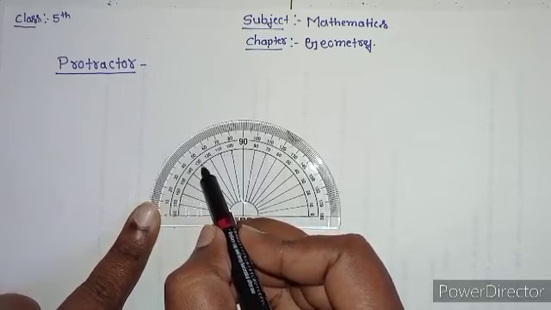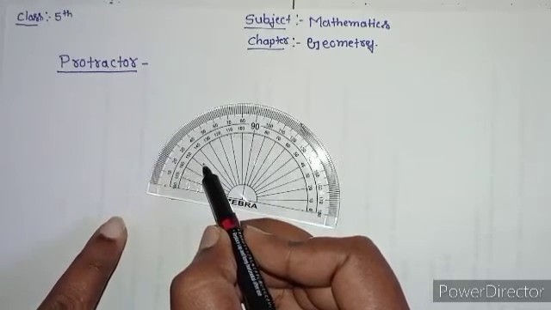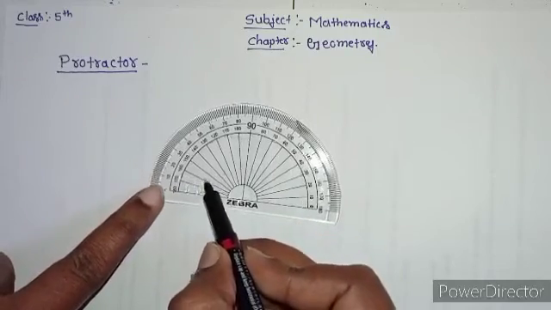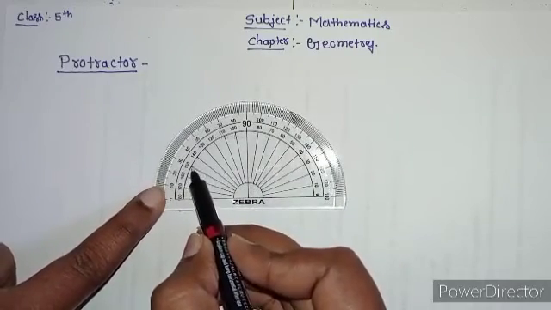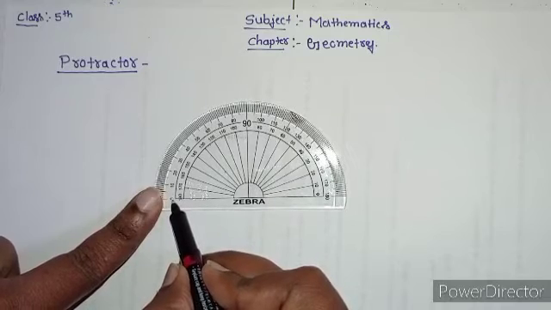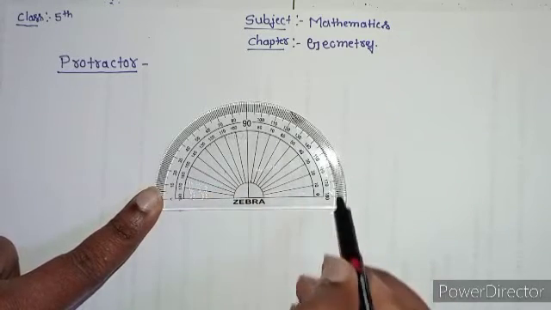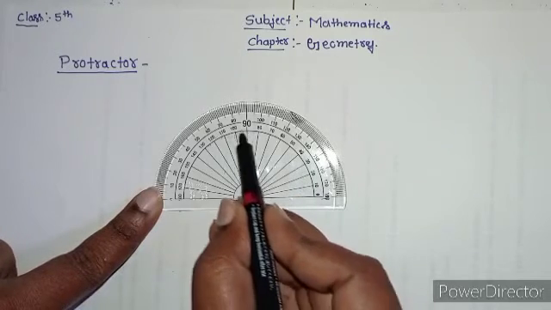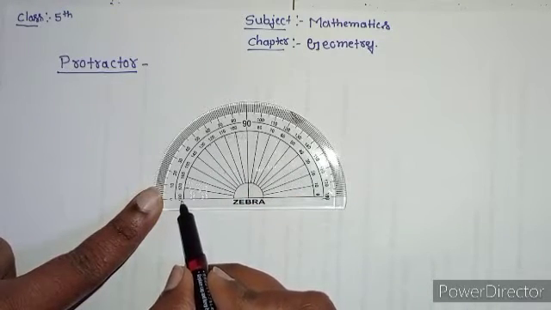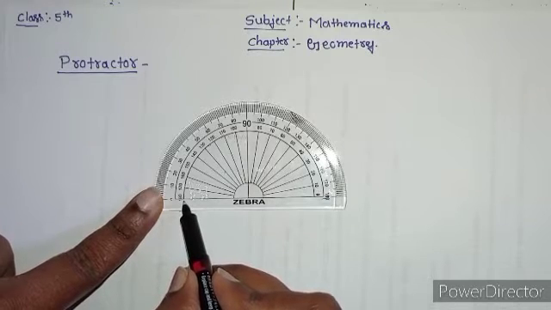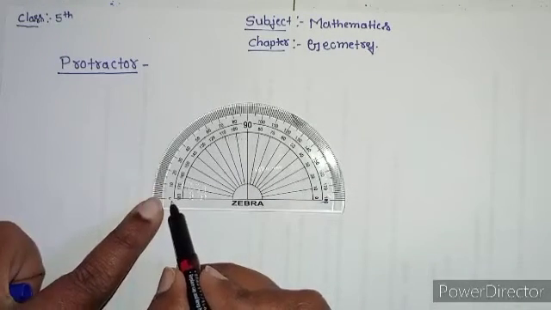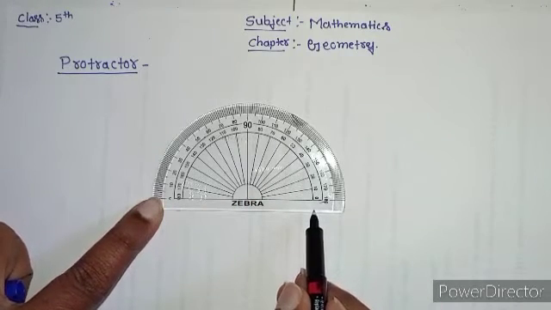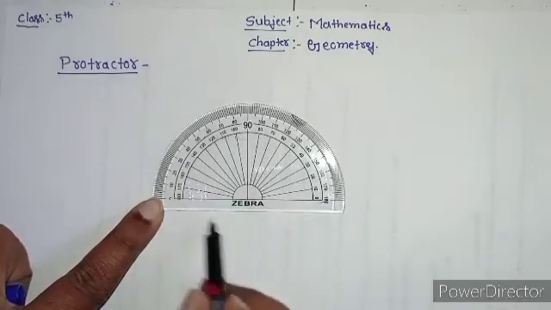Angles from 0 degree to 180 degree are marked on both scales, the outer scale and the inner scale. Here is 0 degree and here it goes to 180 degree. One scale is read clockwise and the other is read anti-clockwise.